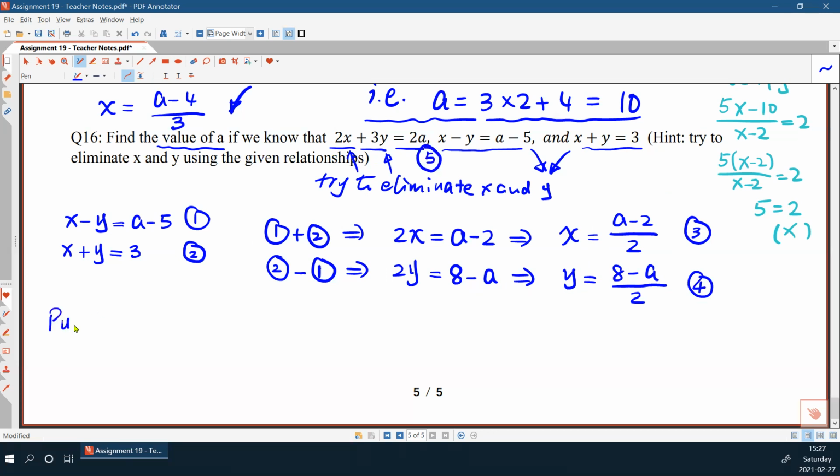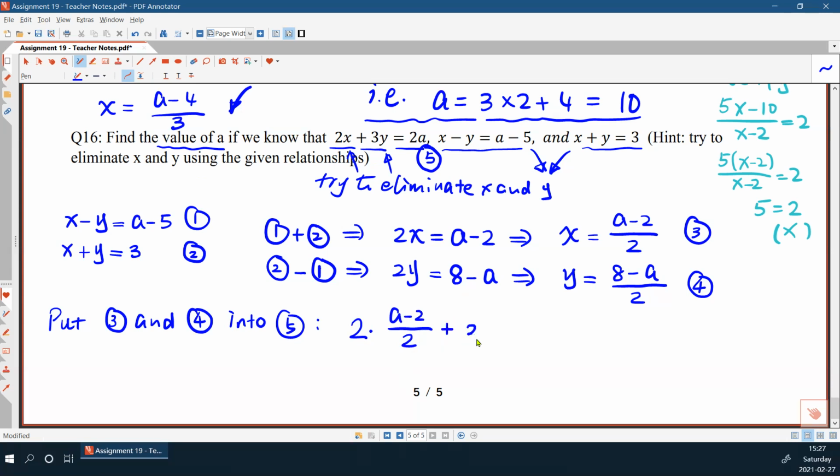So if we put 3 and 4 into 5, what will happen? You will get 2 times x, and x is actually a minus 2 over 2, right?